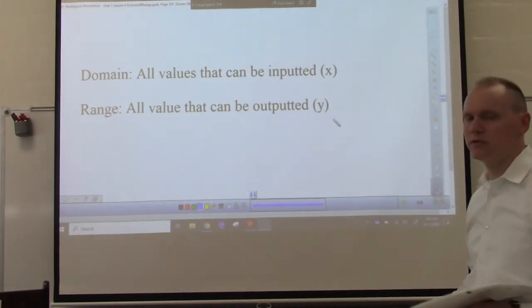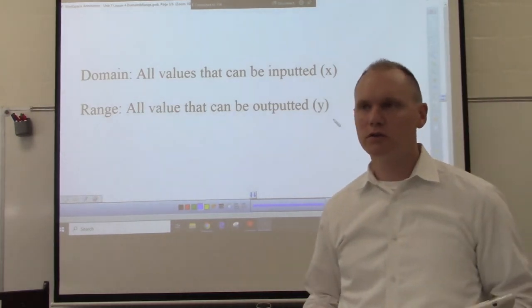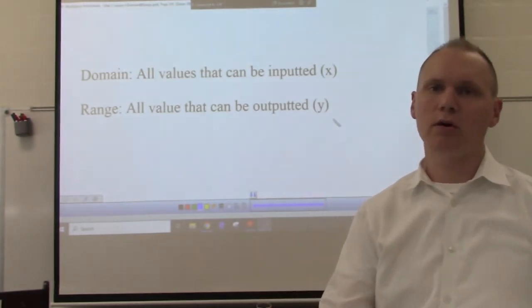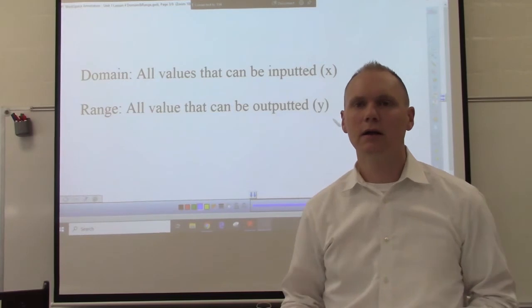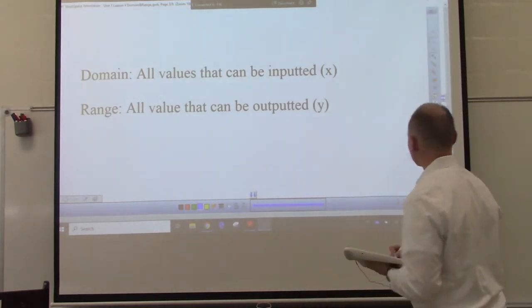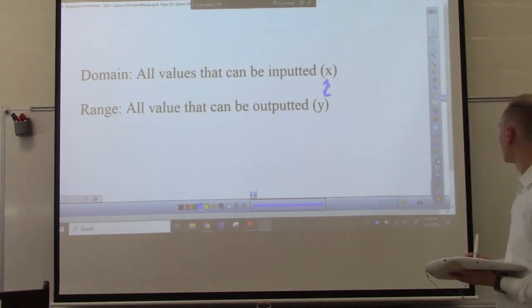And I put y in parentheses there again, and most times it's going to be y, but there are certain situations, going back to that circumference example, if you input the radius, you're going to output the circumference. And so it's not necessarily y that's going to be your output. But we can start by thinking about it as x's and y's.